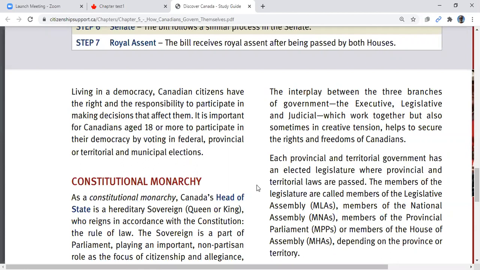You have the right to vote, but you also have a responsibility. So Canada gives you the right to vote, and you give Canada the responsibility to vote. Voting is very important, and it's in federal, provincial, territorial, and municipal elections. Anybody age 18 or over.